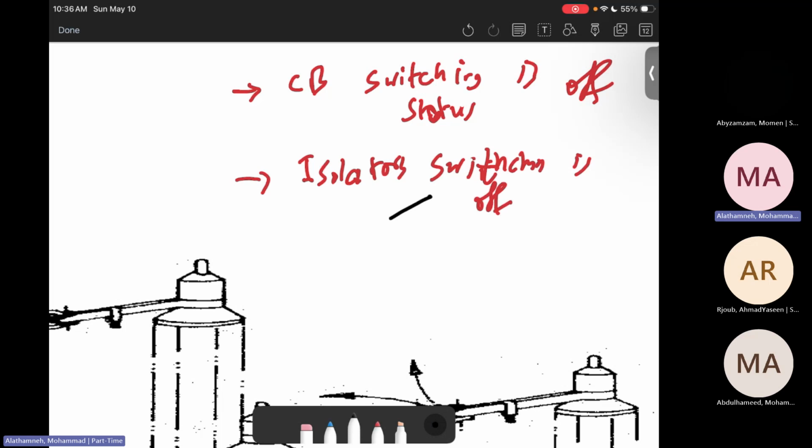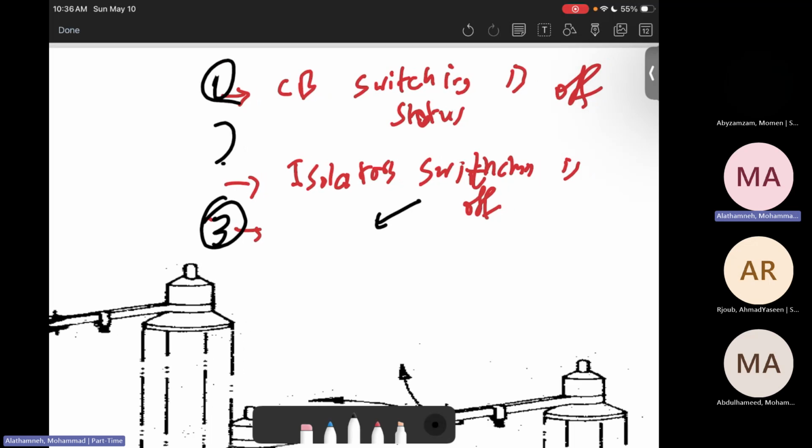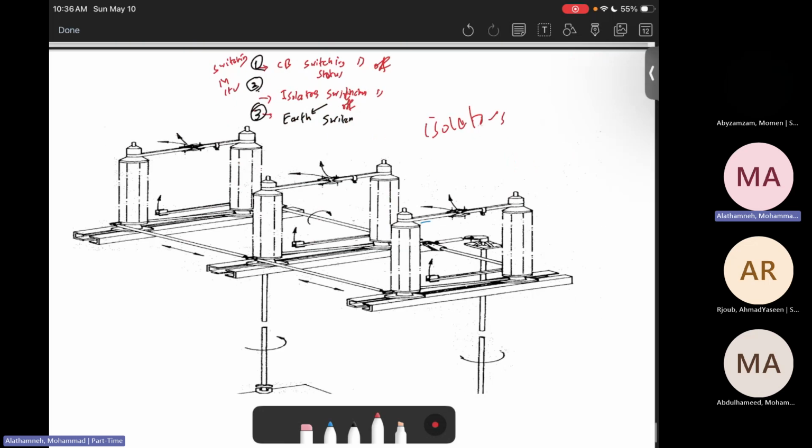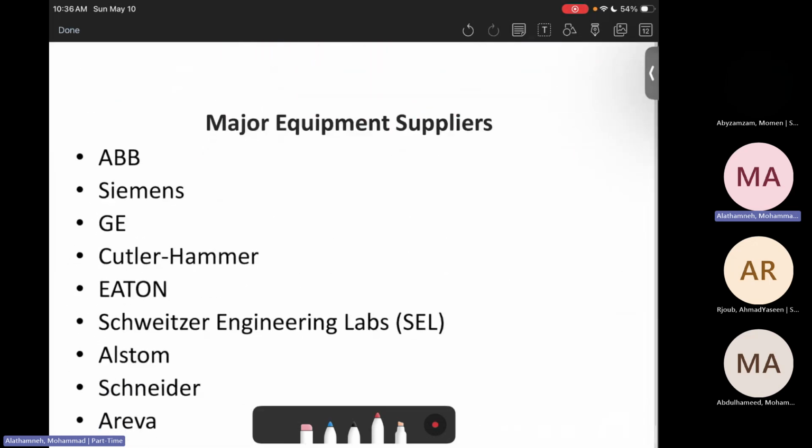But here, after the circuit breaker, we need to do number one first, number two, then the last one, number three. So isolators switch, then do the earth switch. That's what we used to do in the switching. You can recall the switching in high voltage. Then the same scenario with medium voltage as well, or even high voltage.